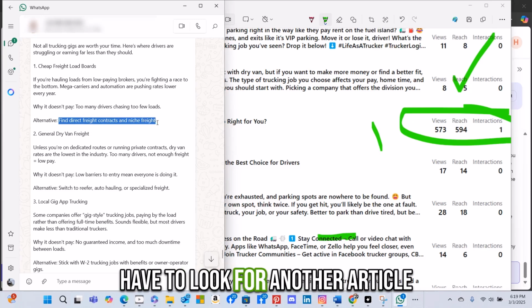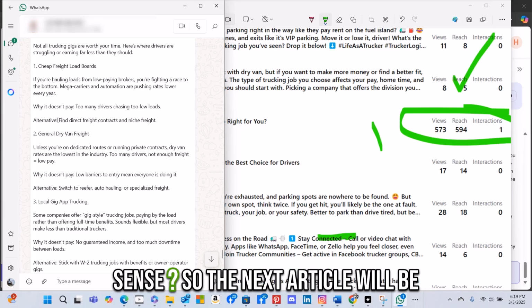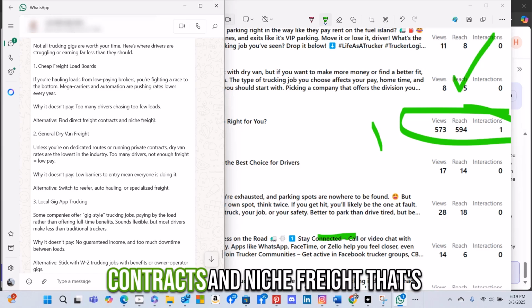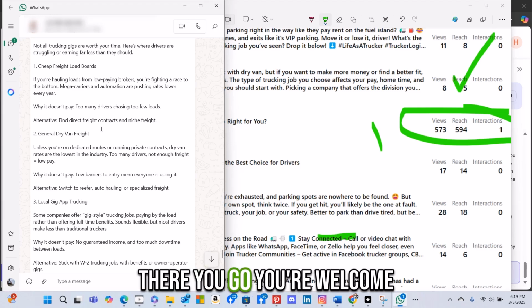We don't have to look for another article. That is the article. Does that make sense? So the next article would be how to find direct freight contracts and niche freight. That's the next article. So there you go. You're welcome.